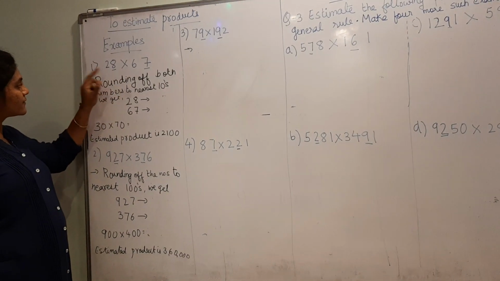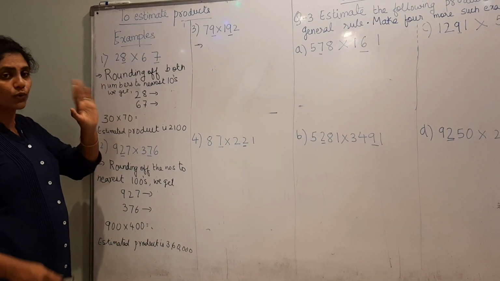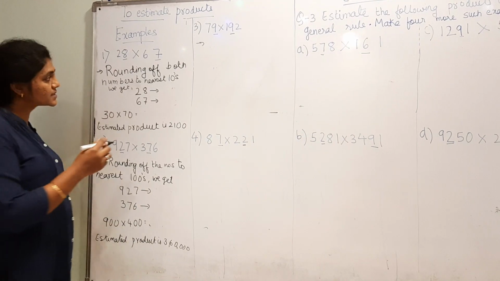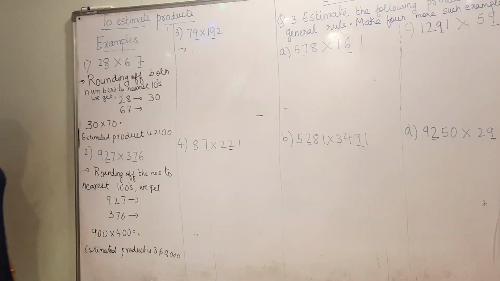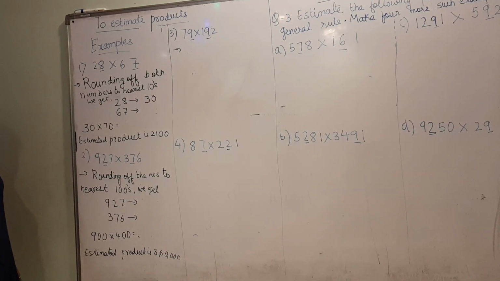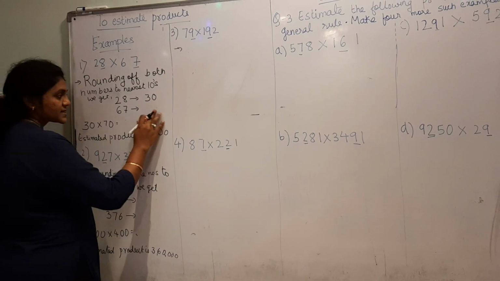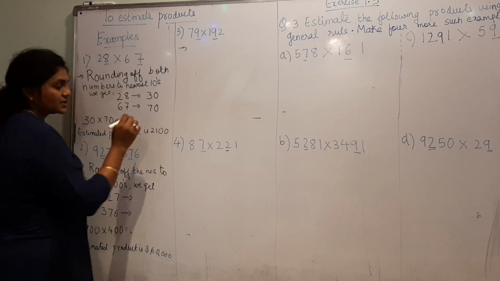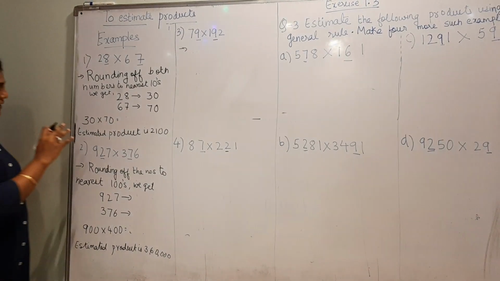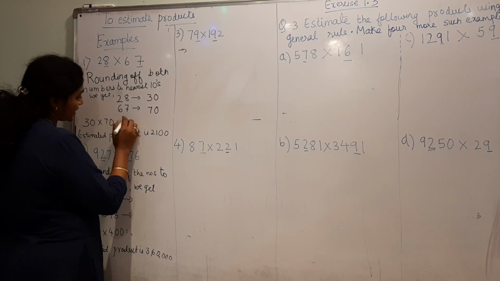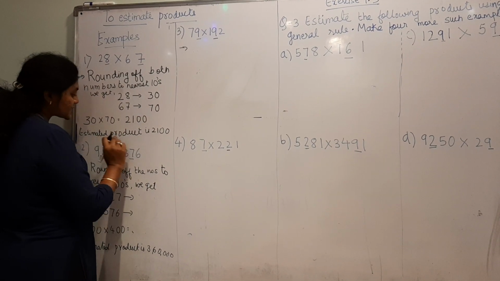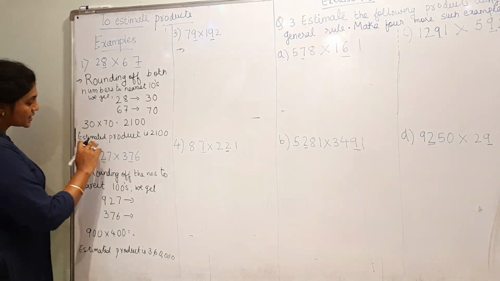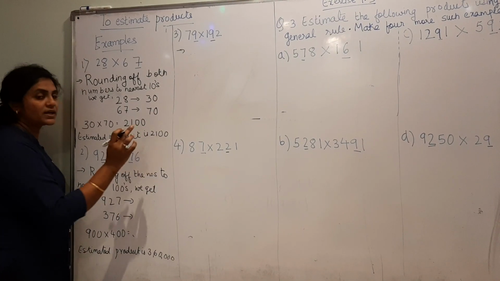If you round off 28 to the nearest tens, you get 30. 67 you can round off and you get 70. And then multiply it. So 30 into 70 is 2100. In the last statement we have to write, estimated product is 2100.